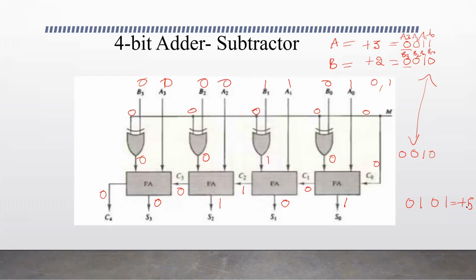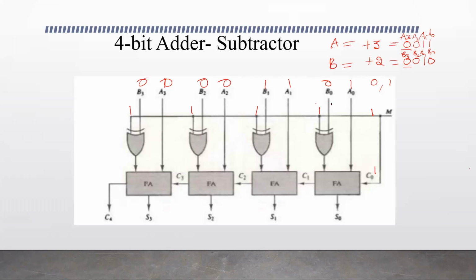We'll take the second case with M as 1. Only the value of M and the results change. Here M is 1, which means the operation to be performed is subtraction, so B needs to be 2's complemented.